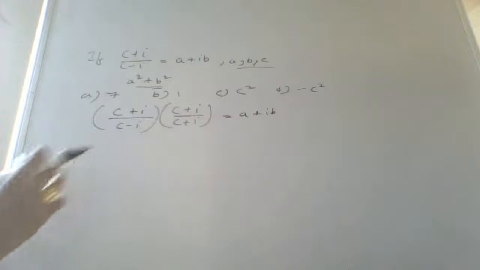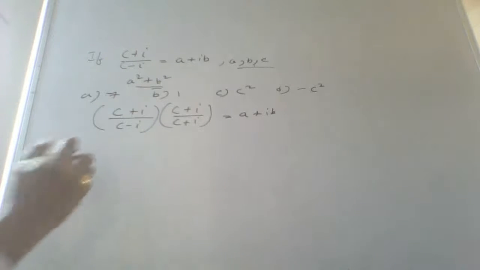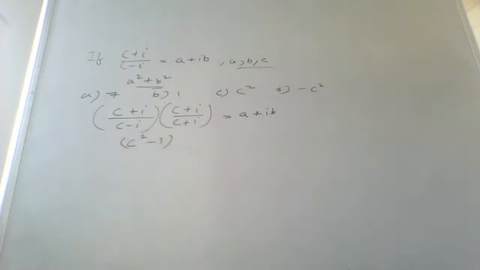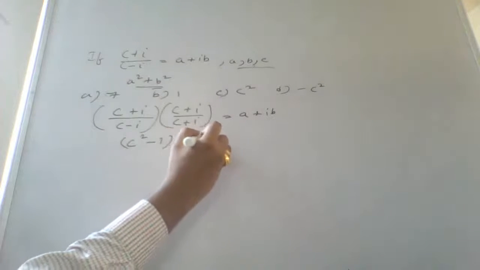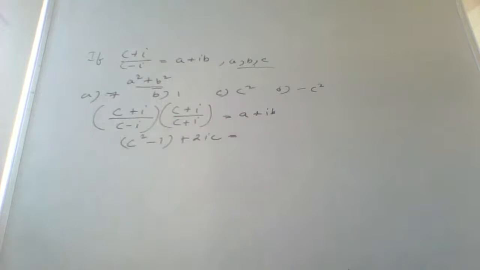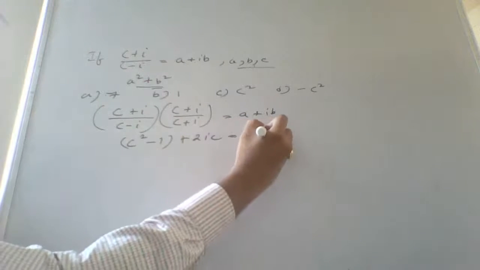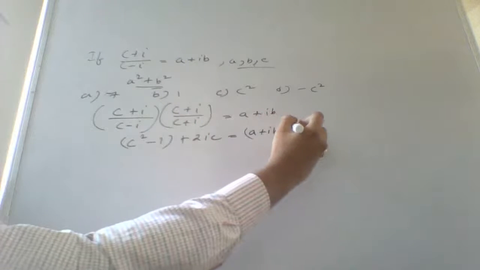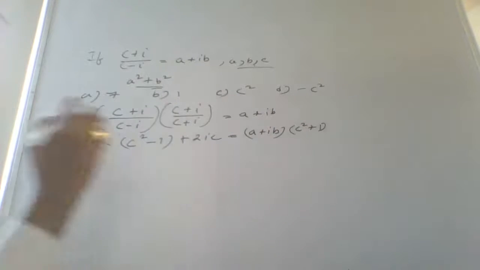Now if I simplify further, I get this as c square minus 1 plus 2ic, which is equal to a plus ib into c square plus 1.